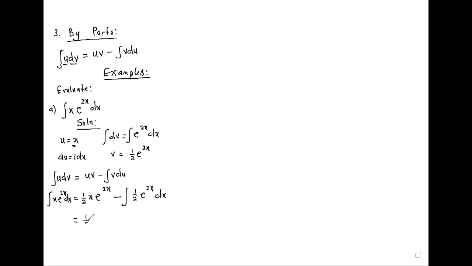This is half x e to x minus, you can bring the half outside and then integrate e to x, which is going to give us half e to x. That's why now introduce a c because we are done integrating. This is going to be half x e to x minus 1 over 4 e to x plus the constant c.